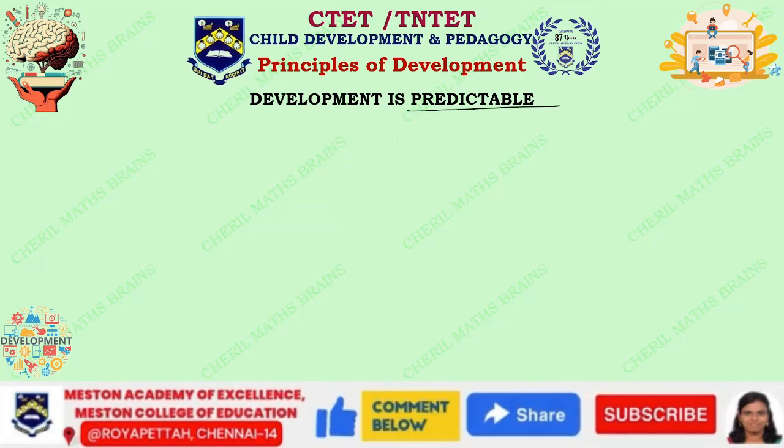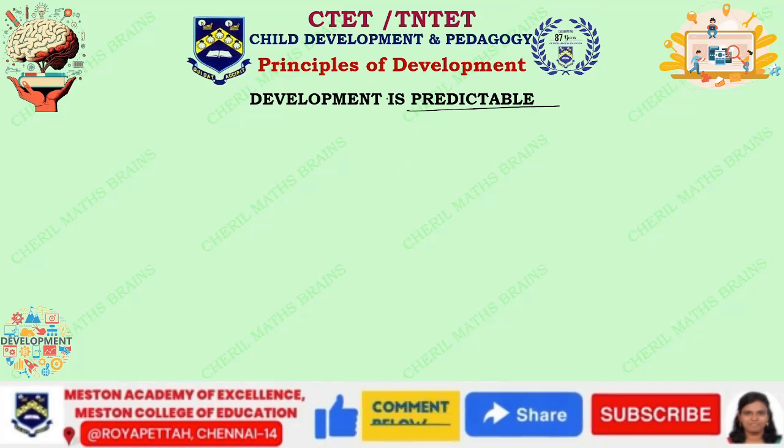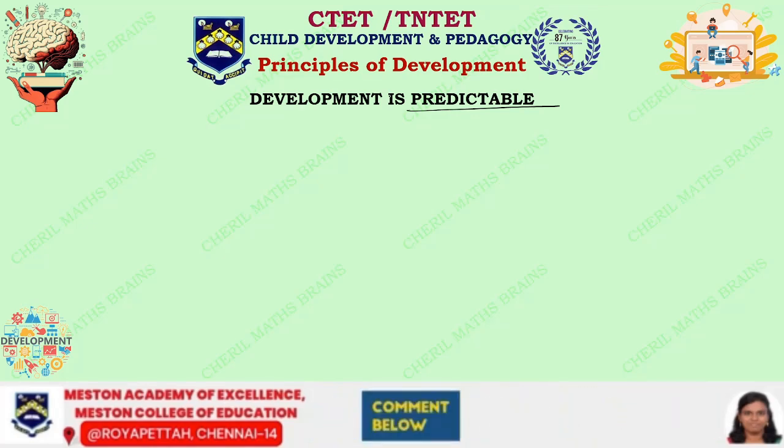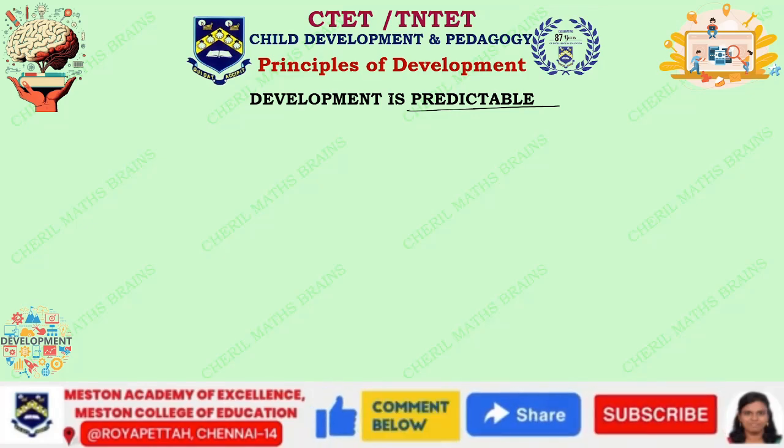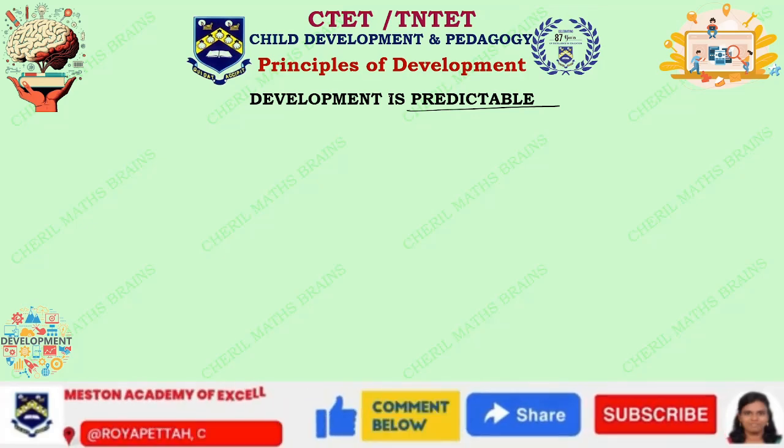It is predictable depending on how the child is made to experience. There are hereditary factors and environmental factors. With all that, you can predict things. Sometimes when the child is in a difficult situation and you see that the development is declining, you say, yes, I understand why the child's development is going down, because the child is going through some difficult situation.